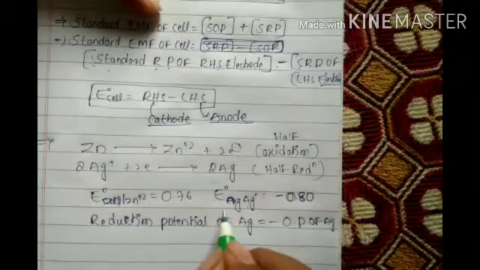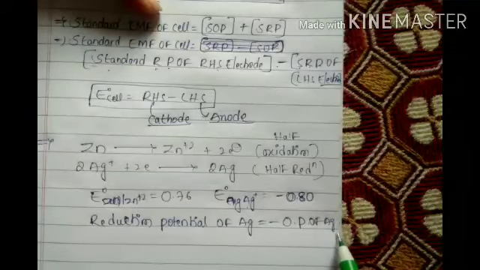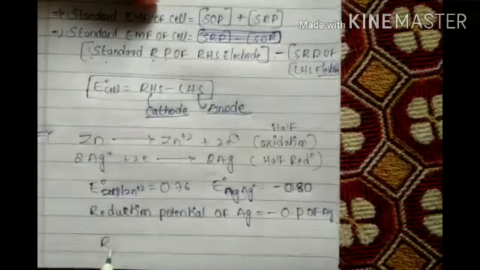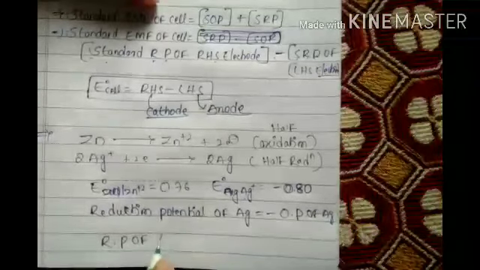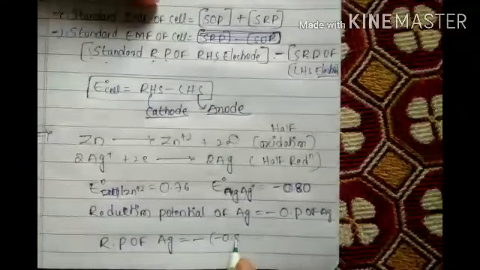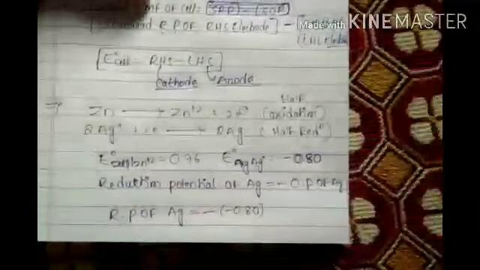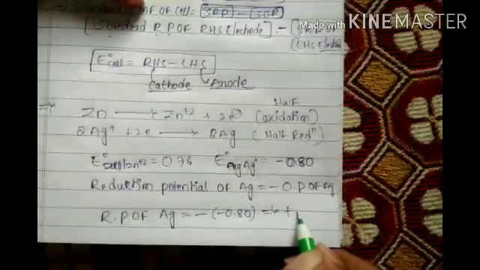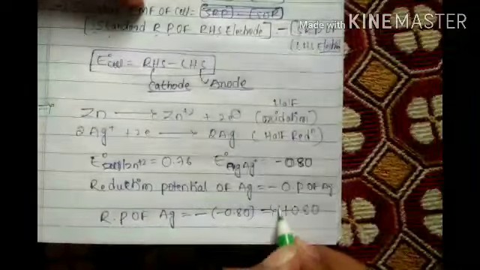Reduction potential of Ag is minus 0.80, which means oxidation potential is plus 0.80.